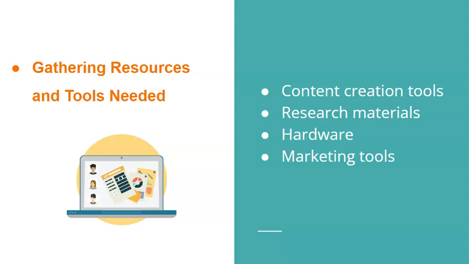Then the next one is what type of hardware you would also need. You should be able to ensure that you have the necessary hardware, such as a reliable computer, camera, microphone, and lighting equipment, especially if you're creating videos or podcasts. Then another type of resources or tools you should look out for are marketing materials or marketing tools.